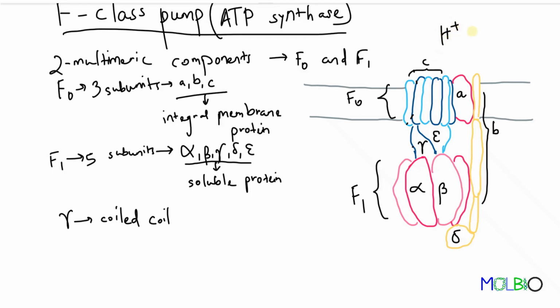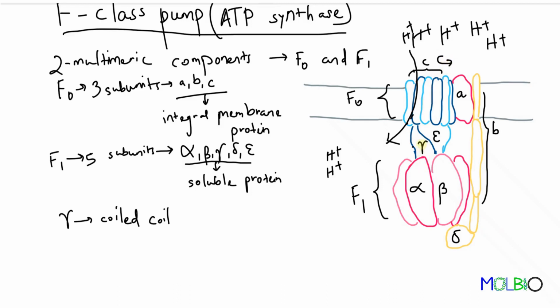Now let's consider a situation where the H plus, the proton concentration, is higher outside the membrane as compared to inside. So the proton will try to pass through this C ring to enter into the cell along its concentration gradient. Now this causes a conformational change in the C ring and it rotates.